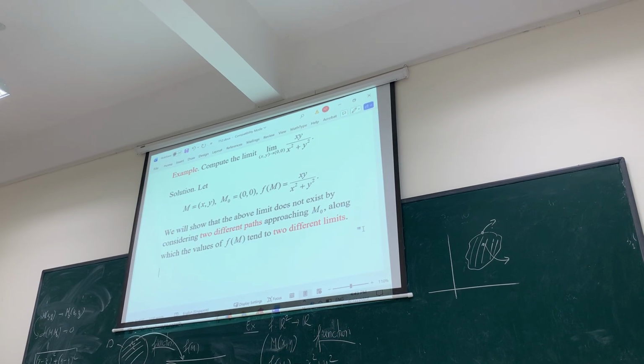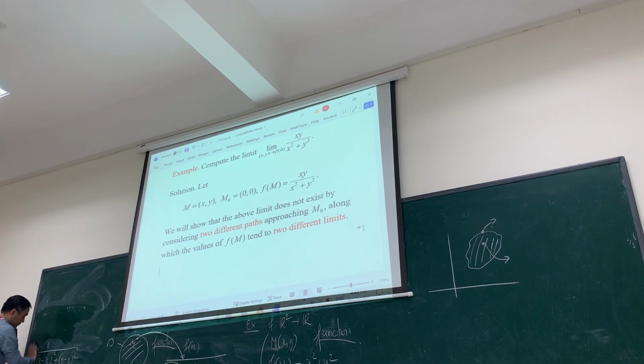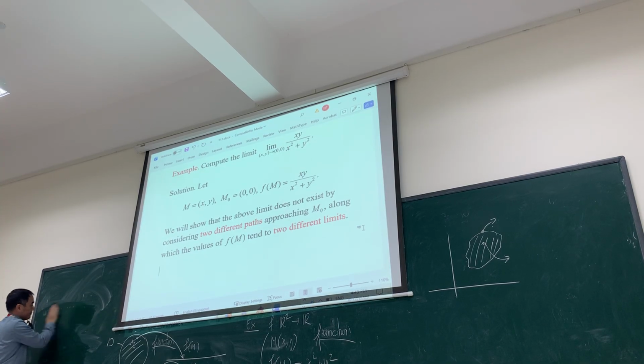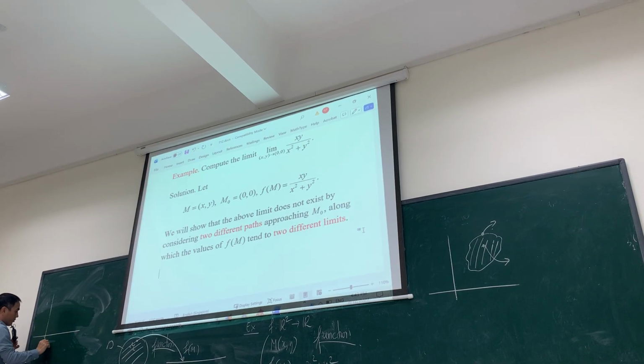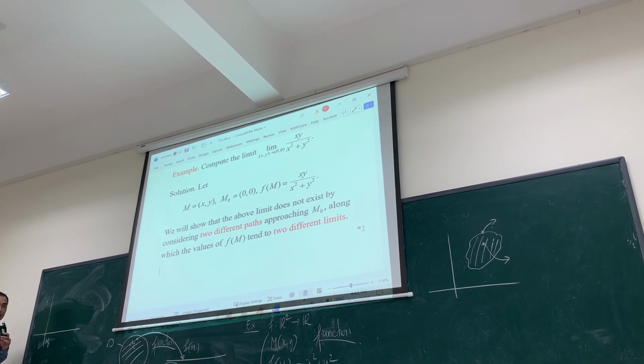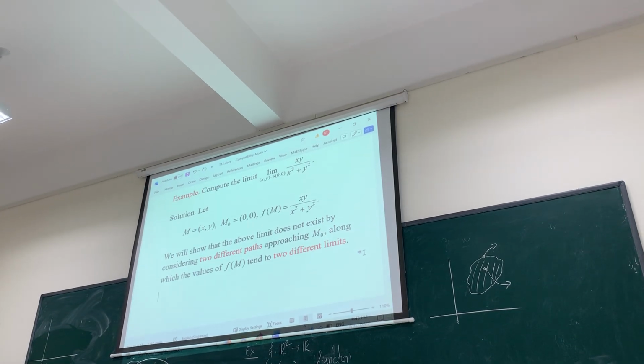Okay, now we take two different paths approaching n0, along which the value of function f tends to different limits. Okay, we have two different paths.